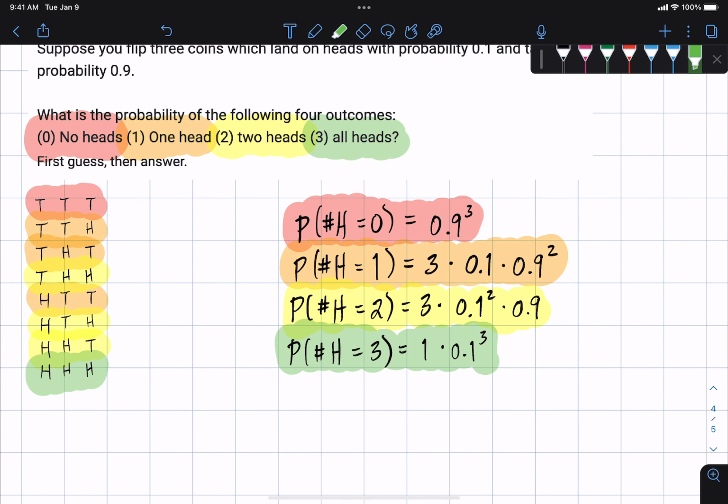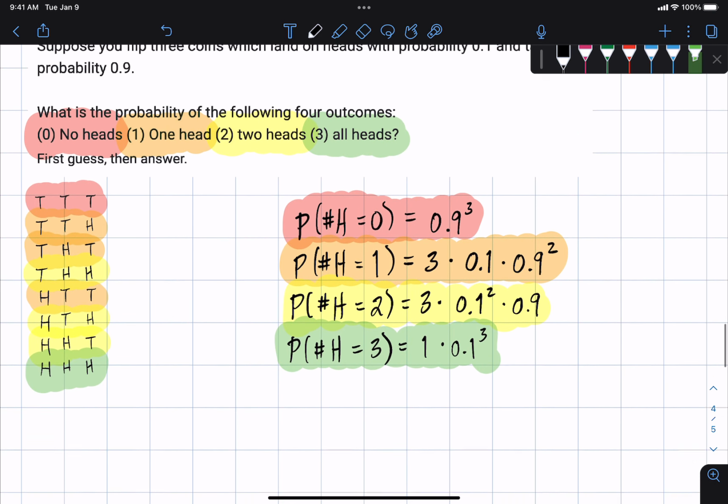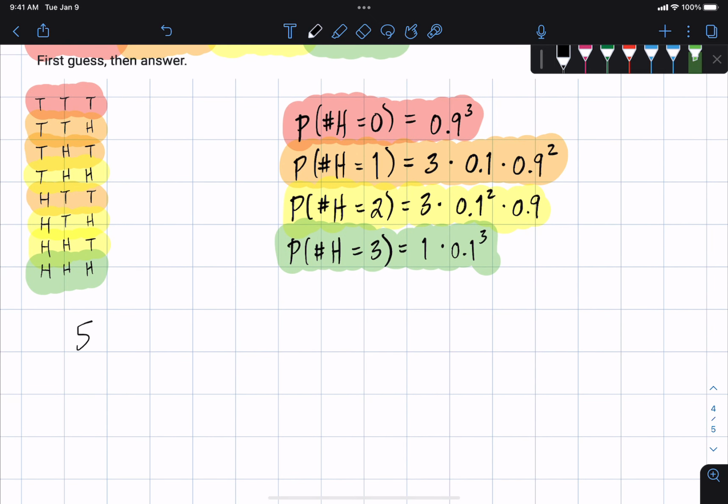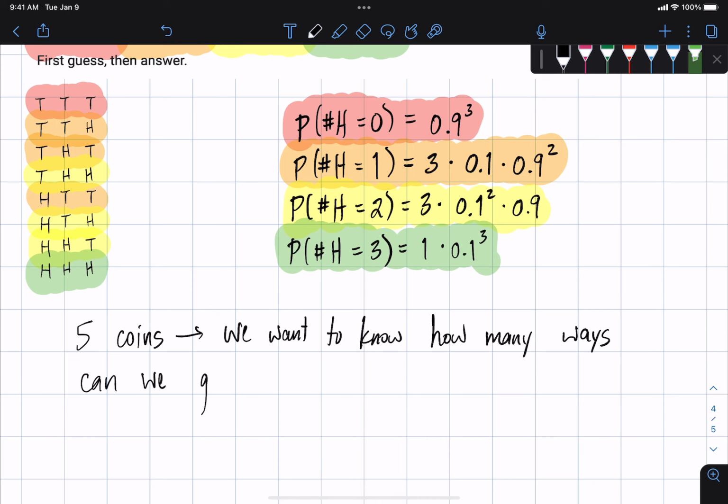Okay, so you might ask, well, what's the pattern then with the number of times that this shows up? What's the idea here? Well, we're going to generalize this. So now let's say that we have more than 3 coins. Maybe we have 5 coins, and we want to know how many ways can we get exactly 3 heads.